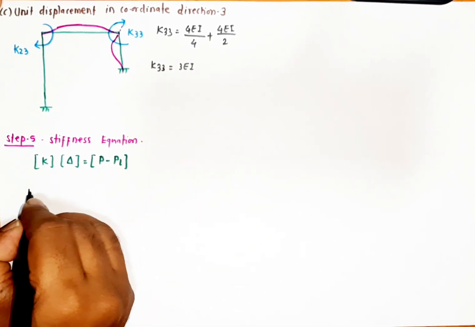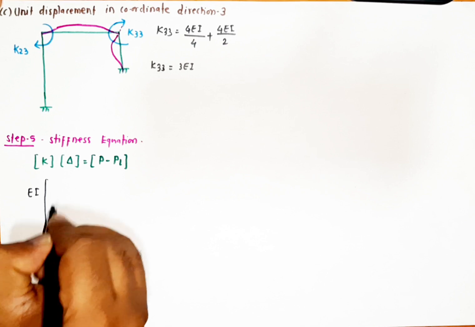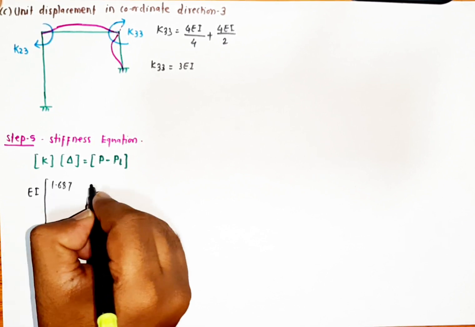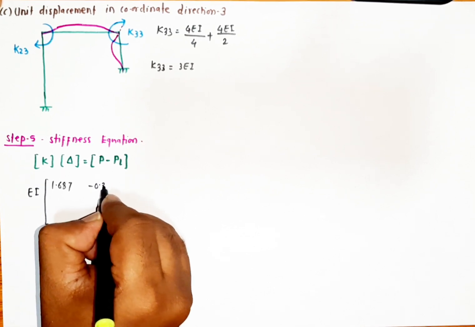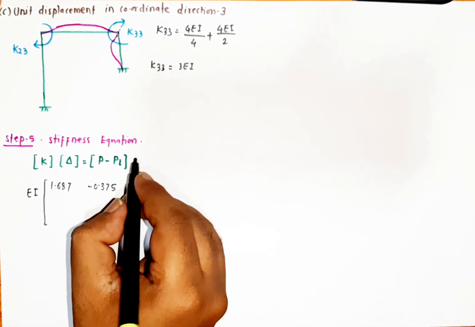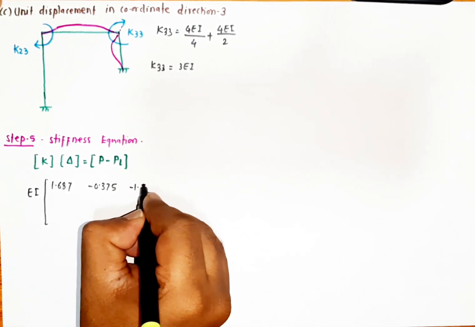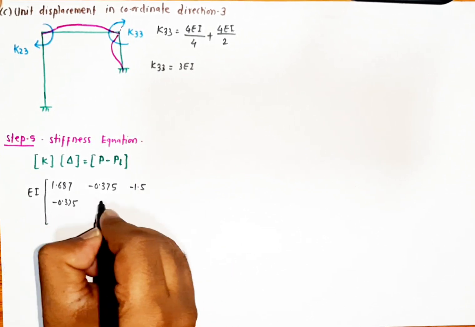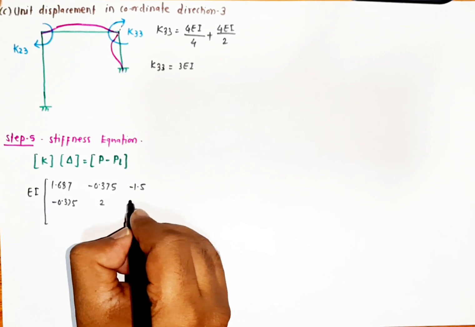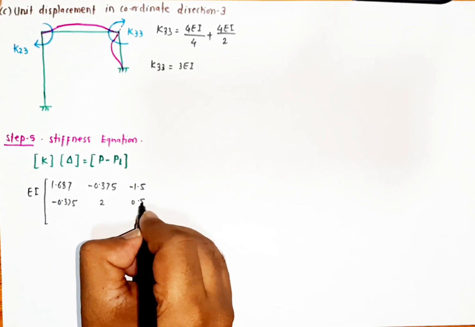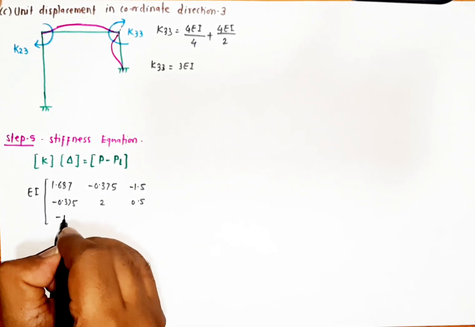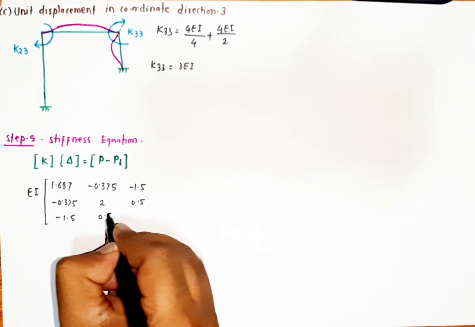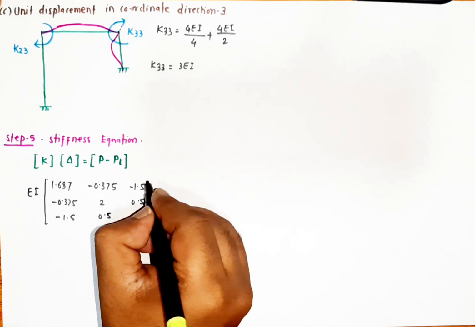So ultimately this will be EI into K11 is 1.687, then it will be minus 0.375, K12, K13 is minus 1.5, K21 is 0.375, then K22 is 2, K23 is 0.5, K31 is 1.5, K32 is 0.5, then K33 is 3.